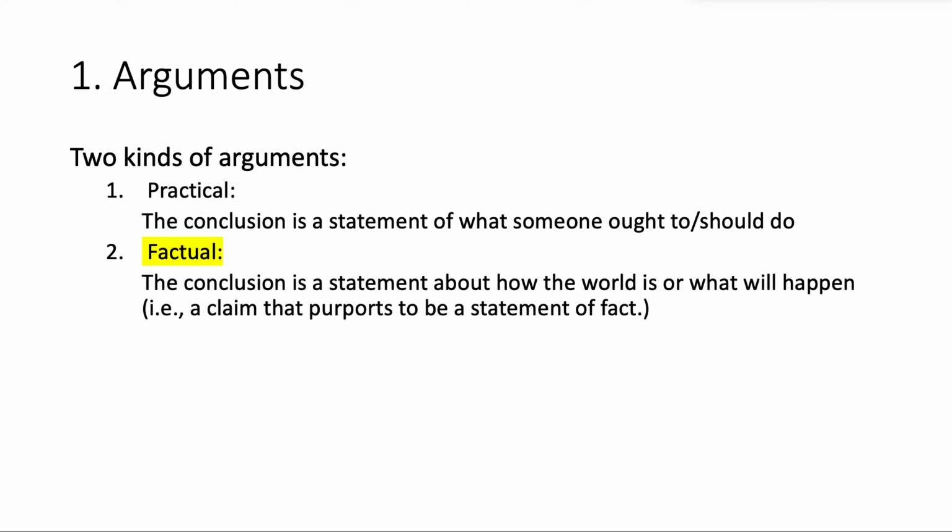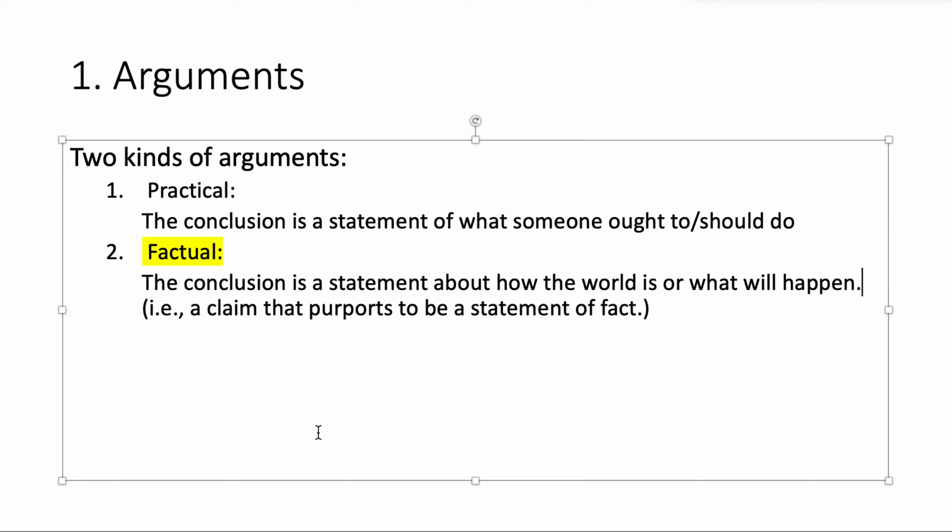Okay, so what's going on with a factual argument? Well, the conclusion of a factual argument is a statement about how the world is or what will happen. So it's a claim that purports to be a statement of fact, like, for instance, grass is green, or pigs can fly. Even that one, pigs can fly, it's kind of absurd.